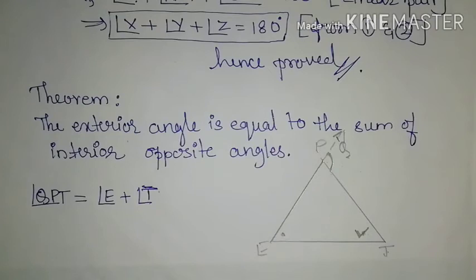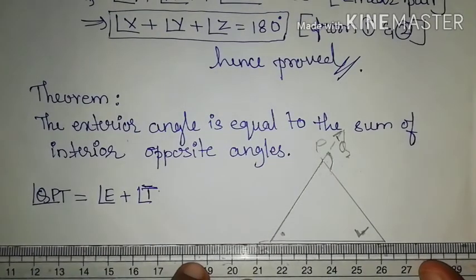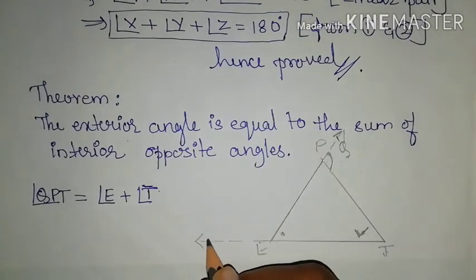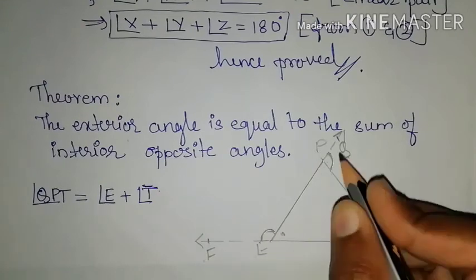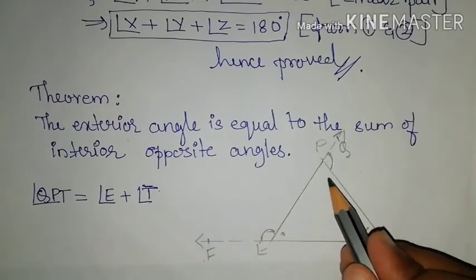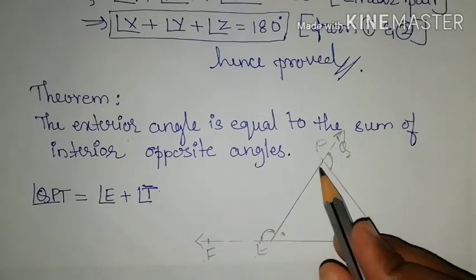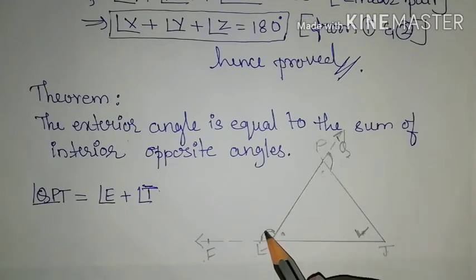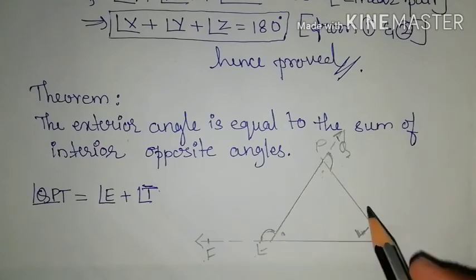If I extended the side E here like this, then this exterior angle FEP would be equal to the sum of the angles P and T, because they are the interior and opposite angles to this exterior angle. The angles which are on the interior of the triangle and opposite to the given exterior angle.